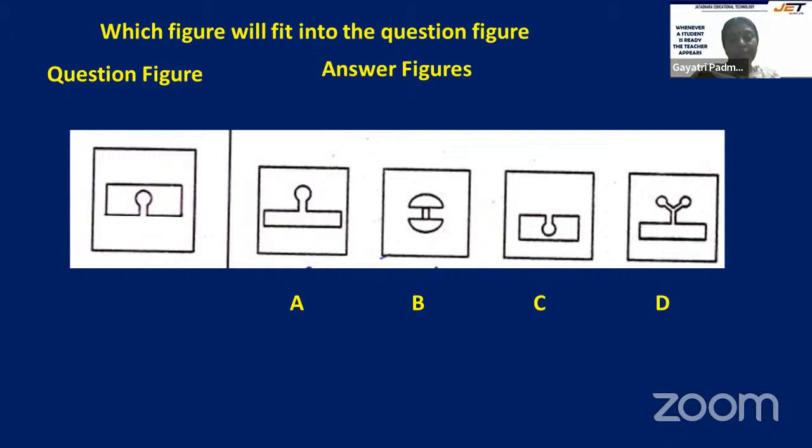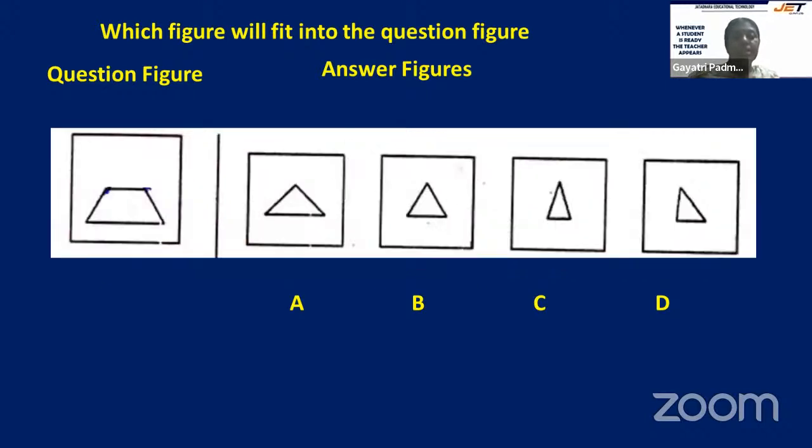You need to think a little logically, and sometimes your logical imagination would give you a good hand for this. That would be the best choice. It should be option A because this is like a keyhole, isn't it? In the keyhole, only the same keyhole can fit into it. All right, see the next question.